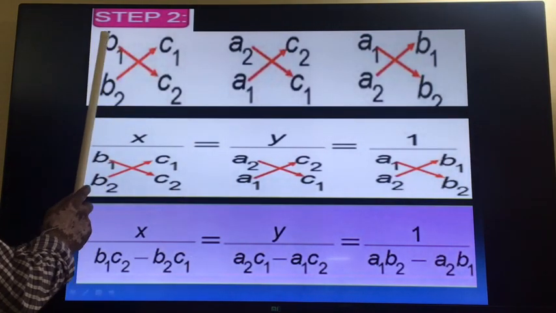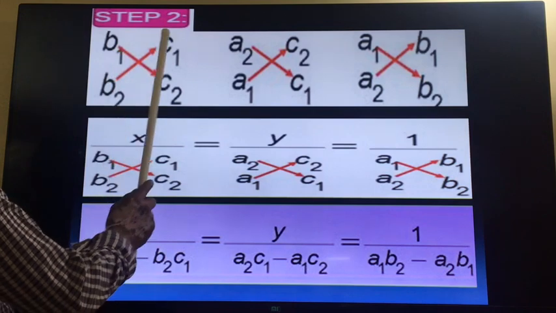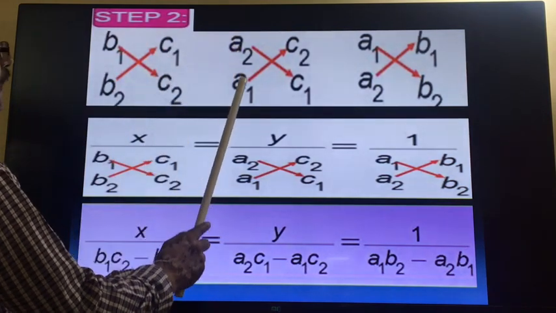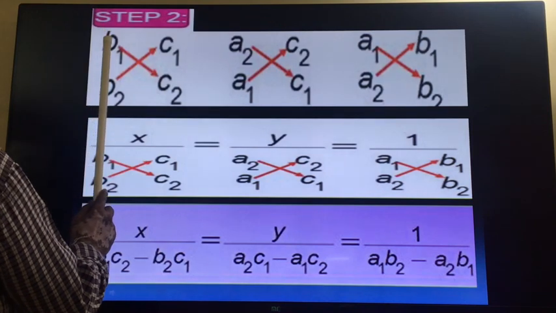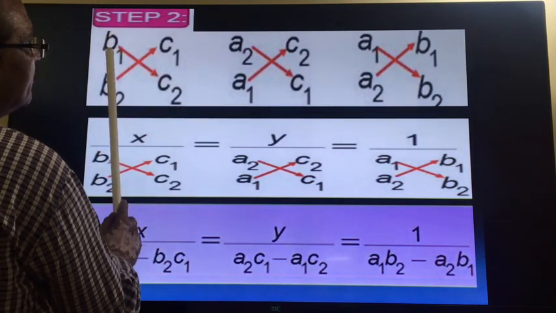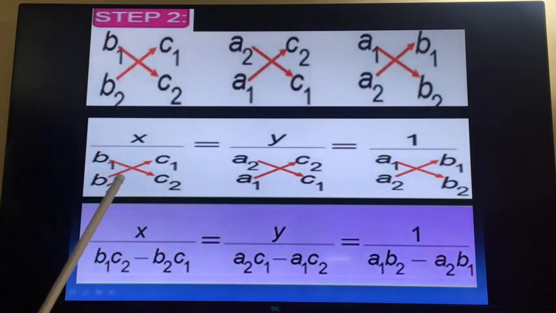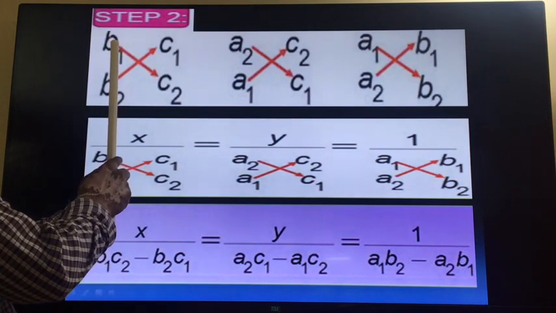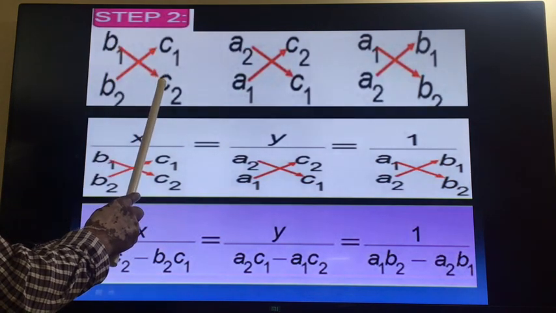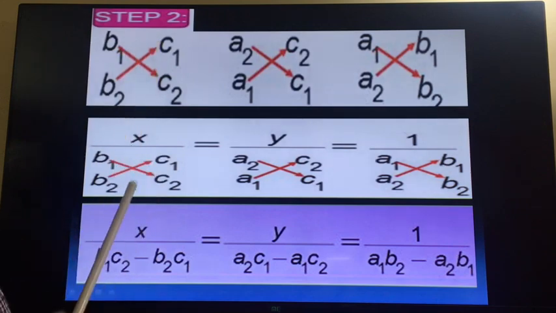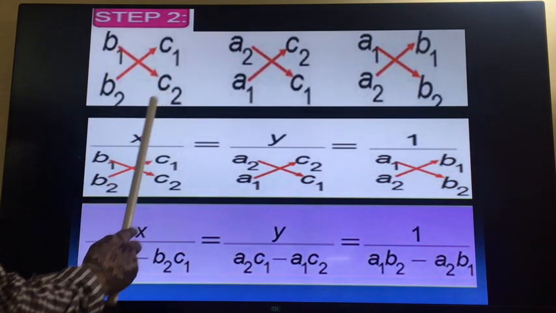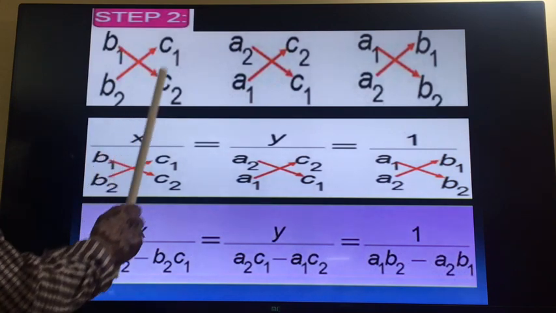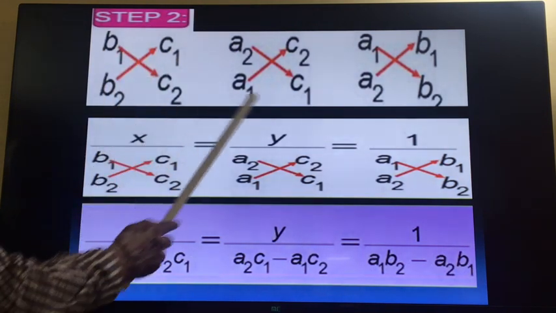First we write b1, b2, c1, c2, then a1, a2, and after that again b1, b2. This is the rule. According to this, we will multiply b1 by c2. So we will do the cross multiplication. So x upon b1 c2, these two values we will write under x.